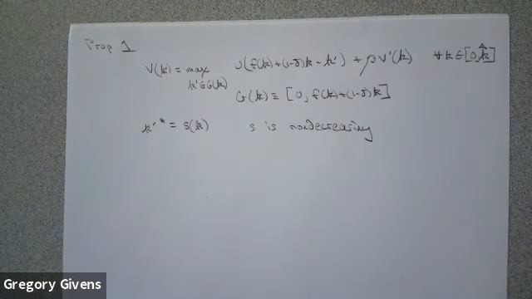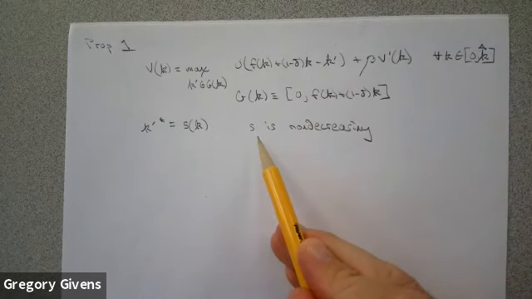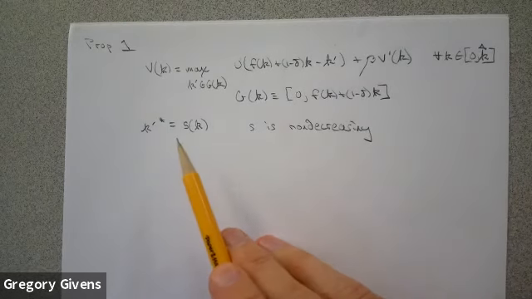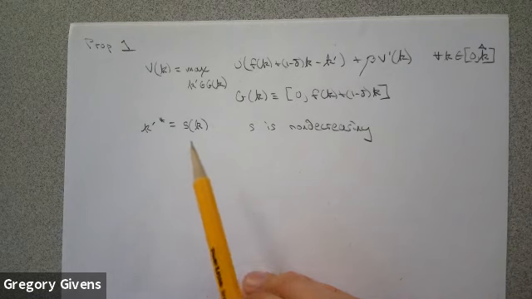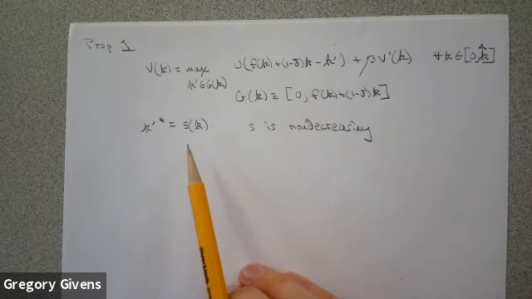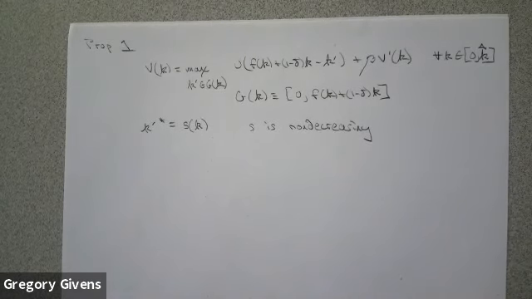So how do we interpret that? That means if you suddenly increase your endowment of capital this period, if s is non-decreasing, then that means your choice for k prime is not going to be lower than it otherwise would have been. That raising the capital stock today essentially implies that your choice of capital for tomorrow is also going to be higher.